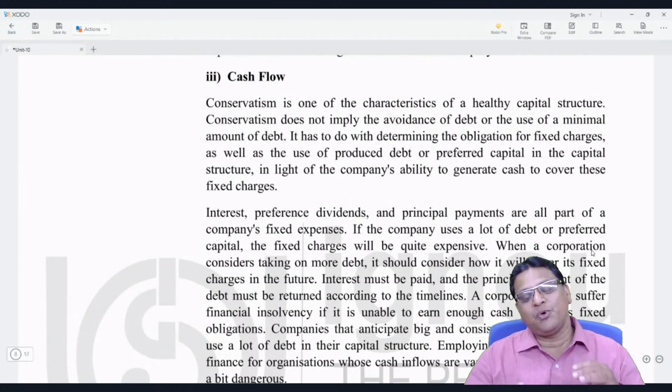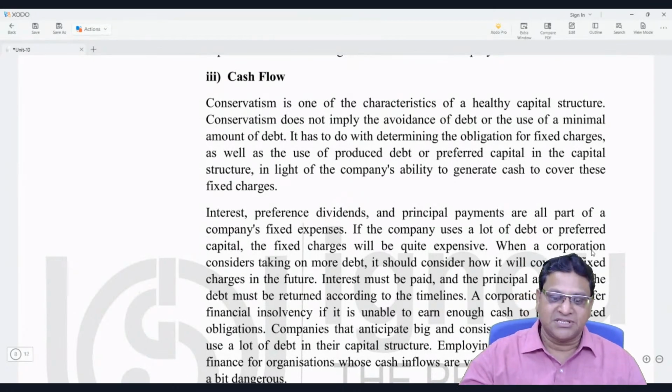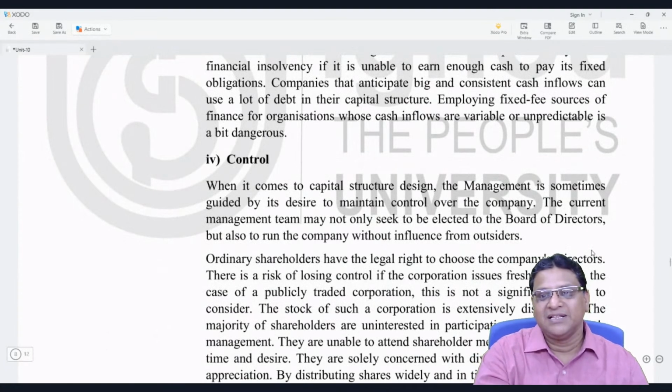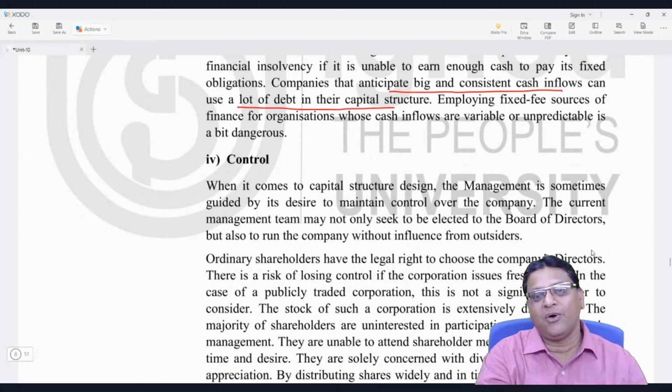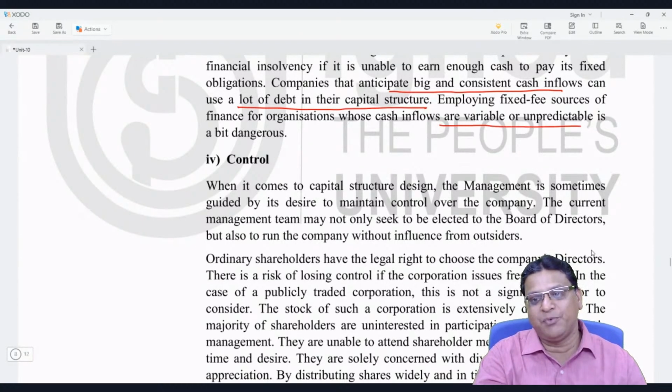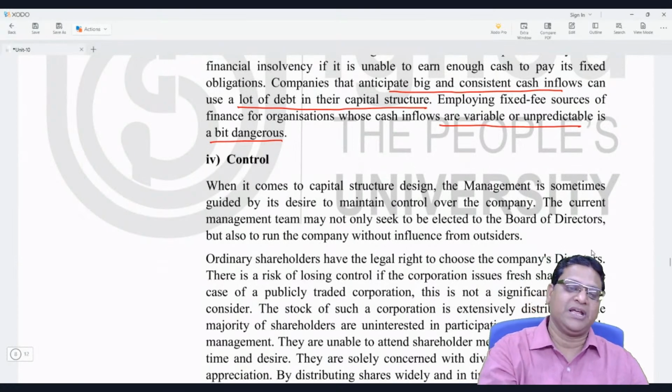Hence, the cash flow pattern decides the capital structure of the organization. If companies anticipate consistent cash inflow, then they must use a lot of debt in their capital structure. And if the cash flows are variable, unpredictable, it is dangerous to use more debt capital. In that case, you should use more and more equity capital.